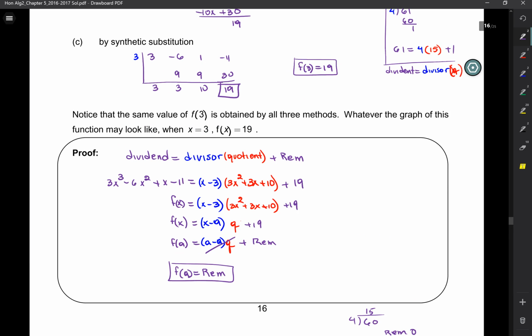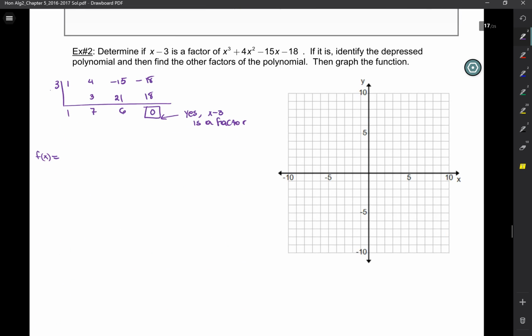F of x is equal to the divisor times the quotient plus the remainder. So x minus 3 times the quotient. How do we get the depressed polynomial out of this? x squared plus 7x plus 6. So that's what f of x equals now.